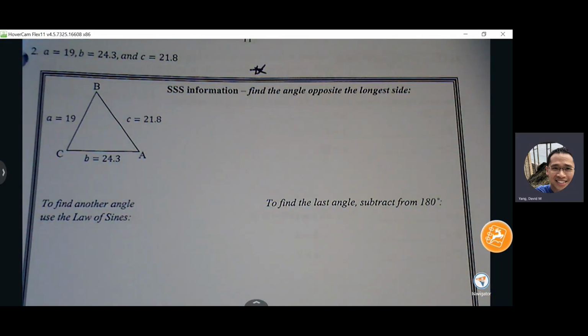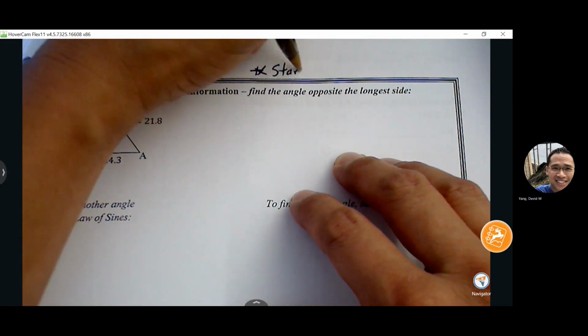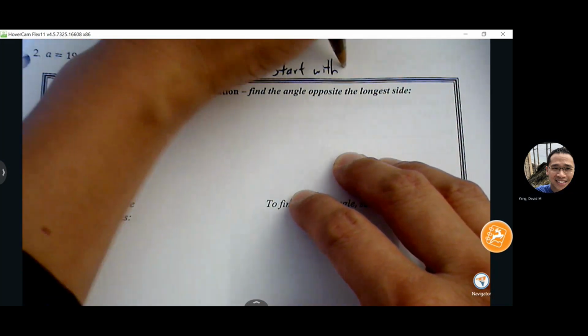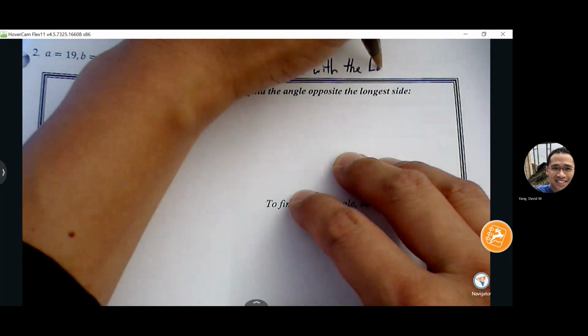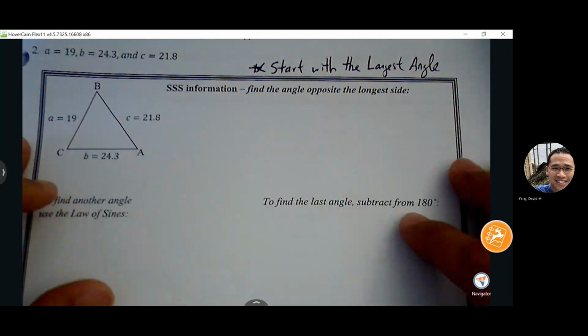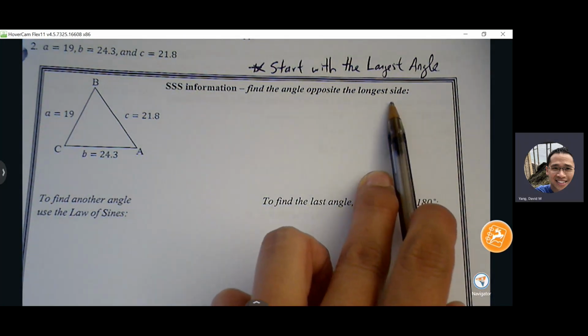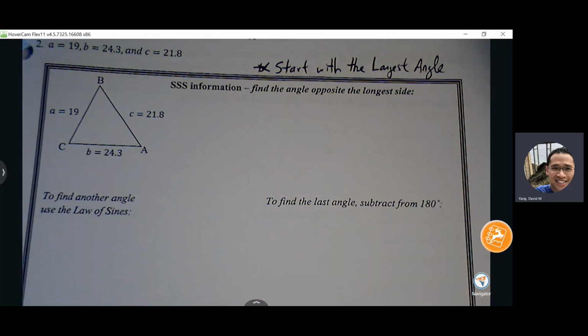So if you're dealing with side side side, start with the largest angle. And the largest angle is always going to be across the longest side. So what's the longest side? Okay, so therefore the largest angle must be what?